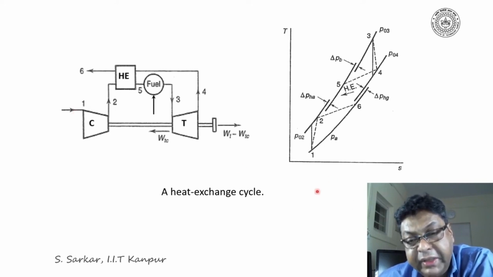Here in the TS diagram, I explain what I have told. 1-2, the dotted line, illustrates the compression of air in the compressor. 2-5 is the preheating of air before the combustion chamber because of the heat exchanger.